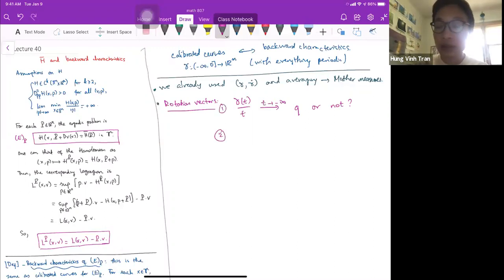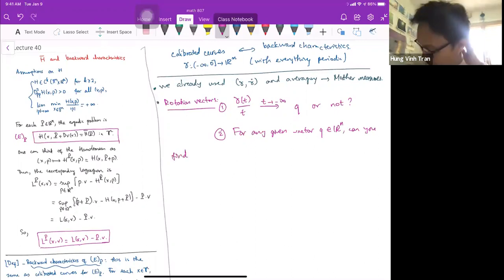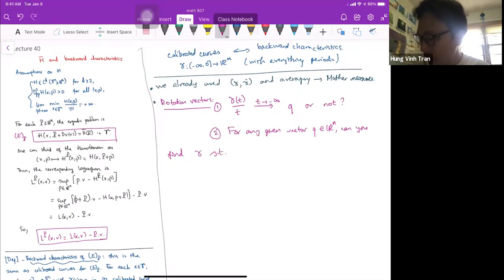The other question is an inverse problem type question. They would ask that for any given vector q in R^n, can you find gamma such that gamma(t)/t converges to q.